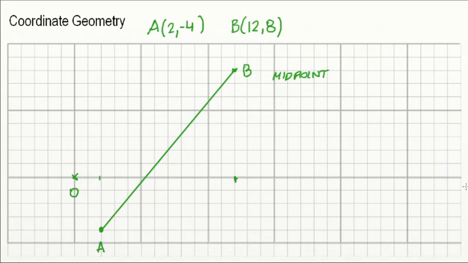And before we go into any equations, let's try to visualize how we could solve this with what we already know. So if we're trying to find the midpoint of this line, we could see this as a triangle. So let this point be C, and it's basically the same y as A and the same x as B. So we have here a right triangle.